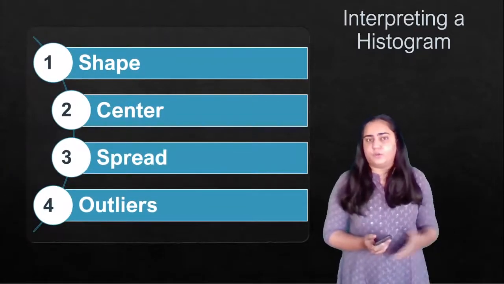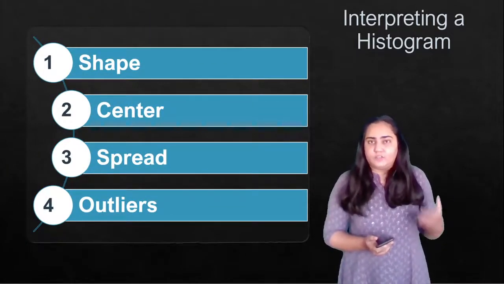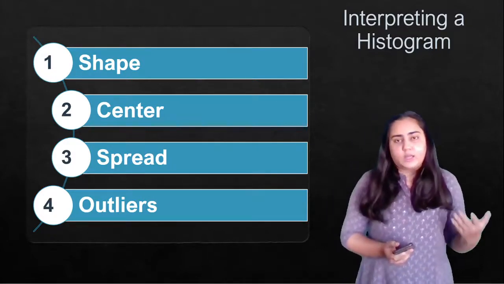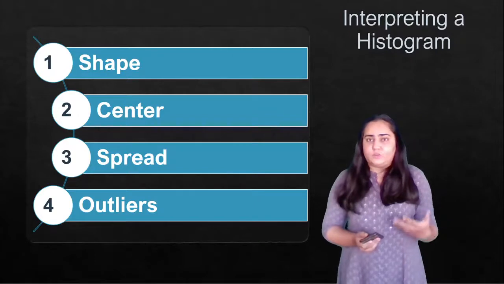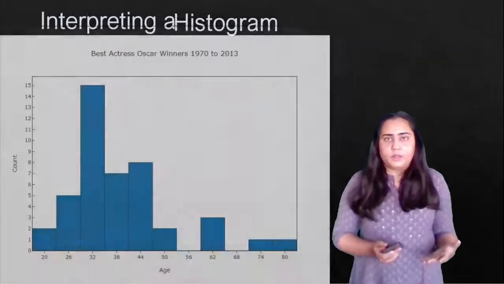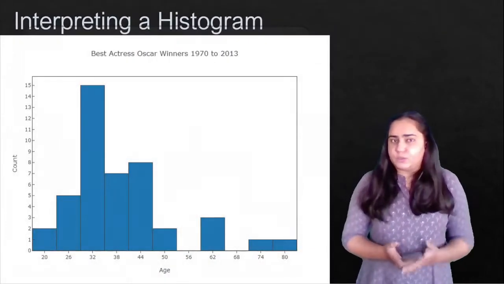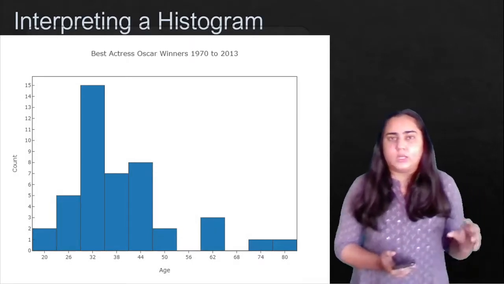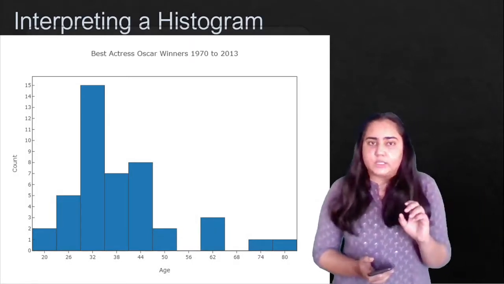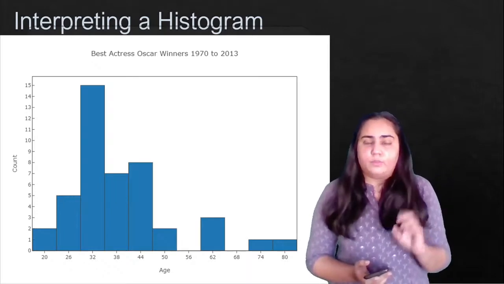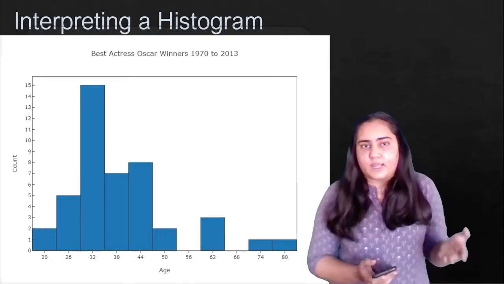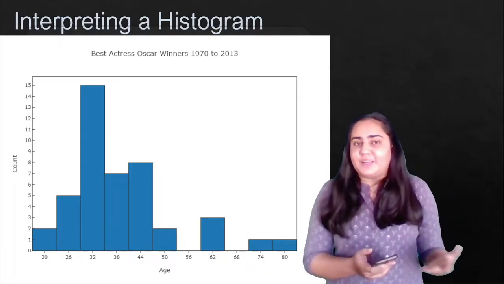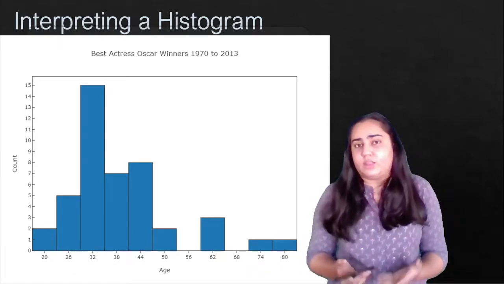And so those are the four things you would look at if you were seeing a histogram in order to find meaning in it. Now let's take a look at a real histogram and try to interpret it. This is a histogram created for the different ages of actresses who received the Best Actress award in the Oscars.